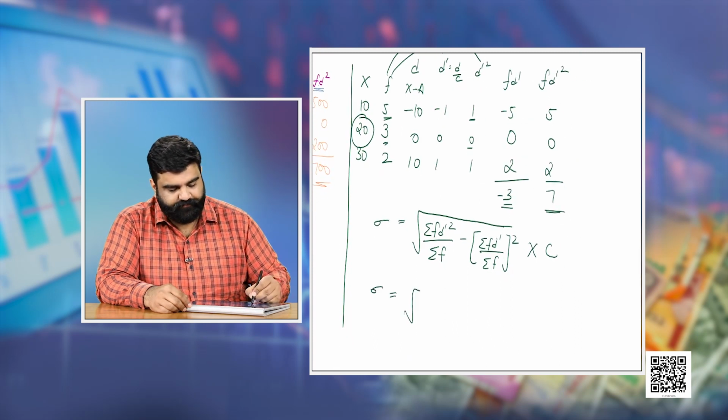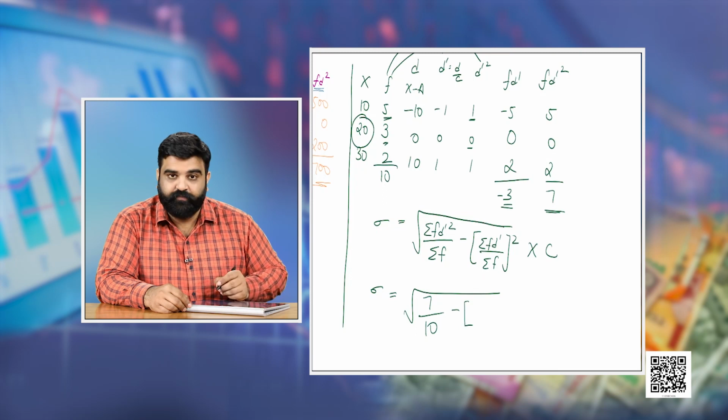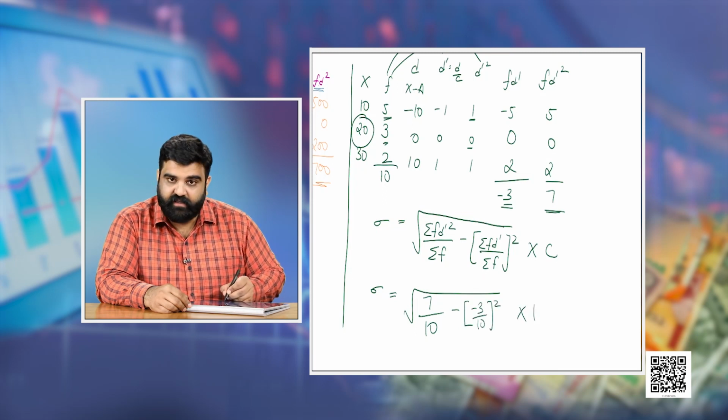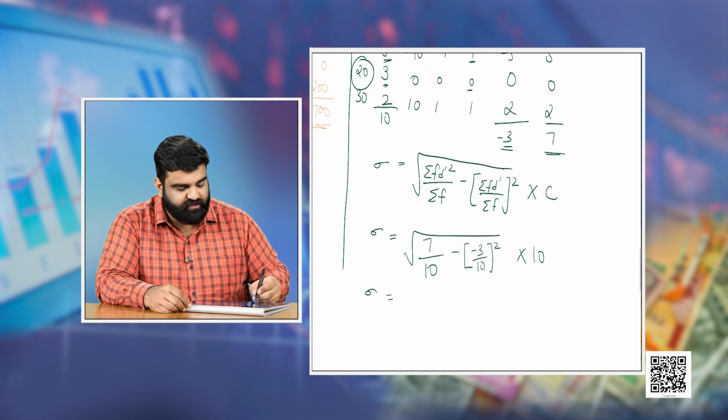So, we have 7 by 10, 10 being the total of the frequencies, minus 3 by 10 the whole square, into 10, which was pulled out of the d, that is the deviations from assumed mean.